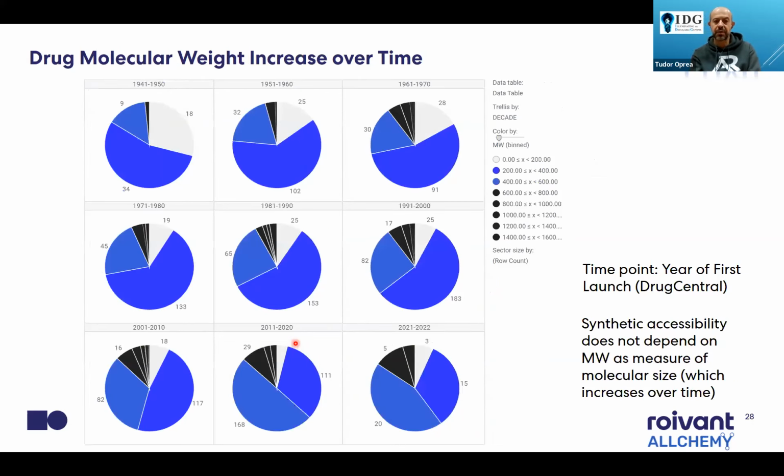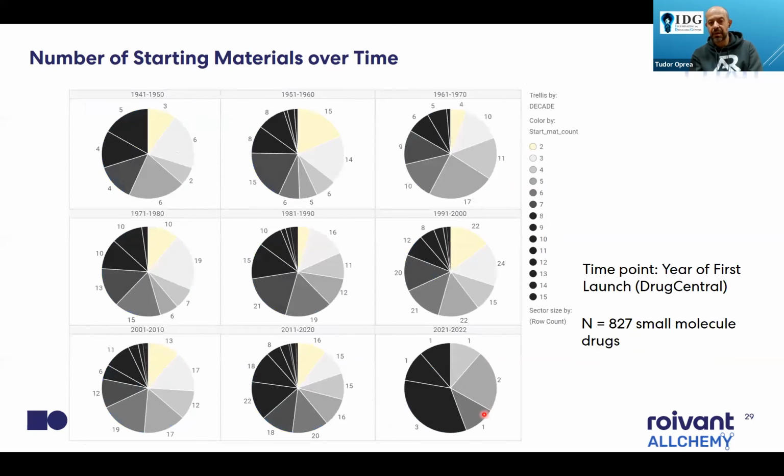Yet at the same time, we were aware that a simple descriptor for size, which is molecular weight, shows very clearly that drugs do get heavier over time. If you just follow the sky blue part of the slice, it gets smaller and smaller, and the darker ones get bigger, which means drugs get heavier over time. So then the question was, how else can we investigate this? The answer is you can simply look at the number of starting materials that are used to build the drugs.